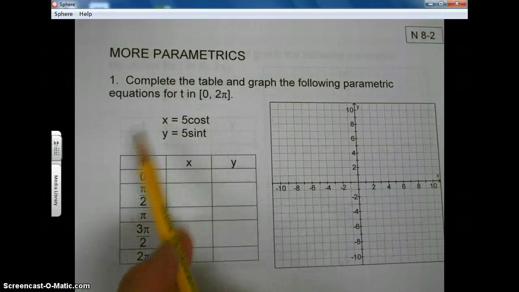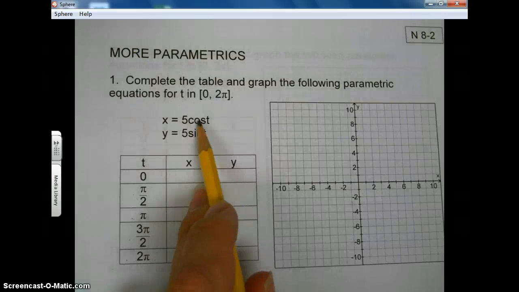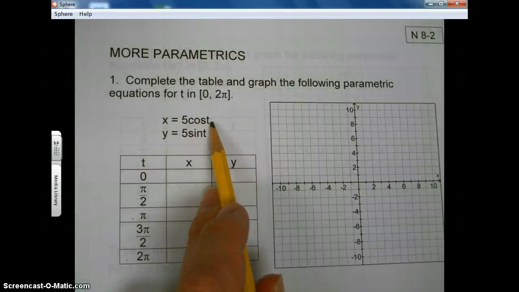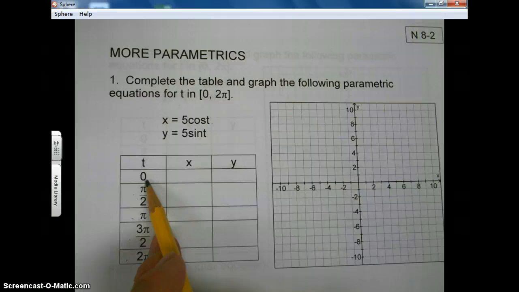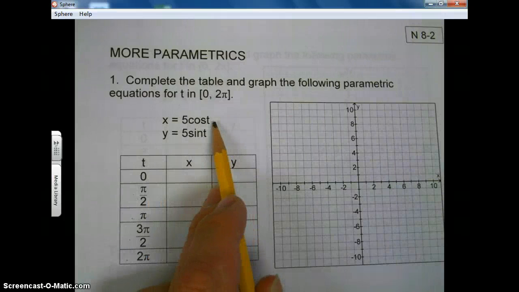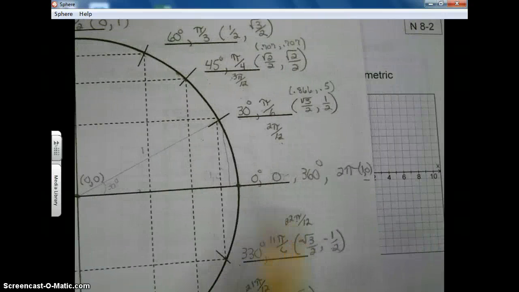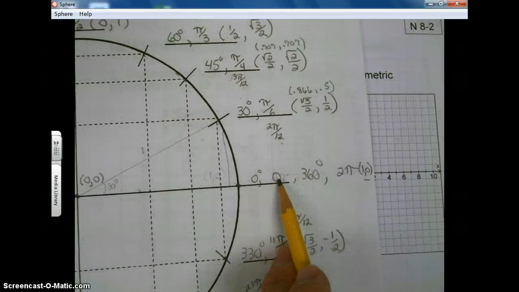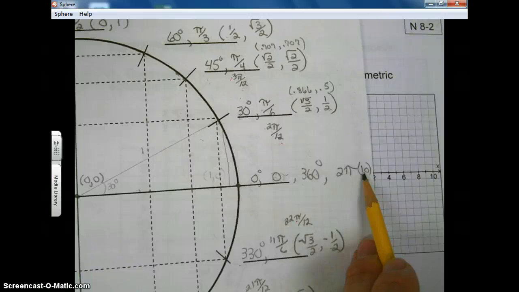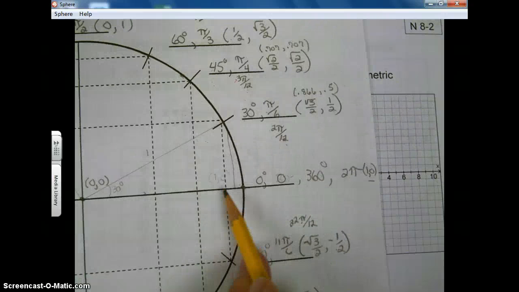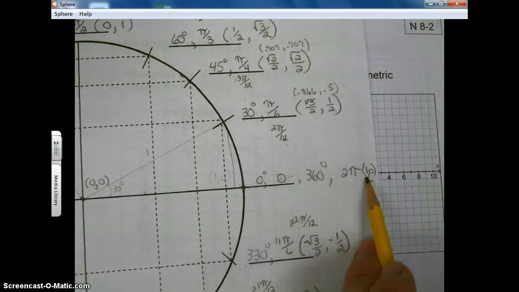So x is equal to 5 times the cosine of t. Plugging 0 radians in, the cosine of 0. You can do this one of two ways. Here's 0 radians. The definition of cosine is x over r. The x value is 1, and the radius of our unit circle is 1, so 1 over 1 is 1.